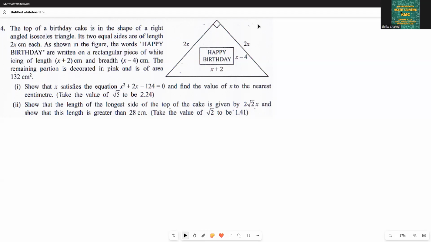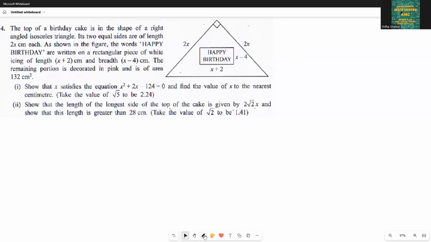As shown in the figure, the words Happy Birthday are written on a rectangular piece of white icing of length x plus 2 centimeters and breadth x minus 4 centimeters. The remaining portion is decorated in pink and has an area of 132 centimeters squared.